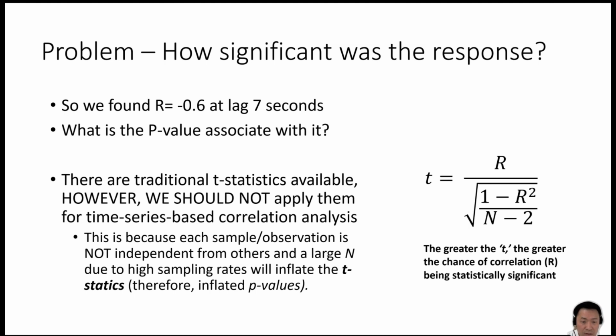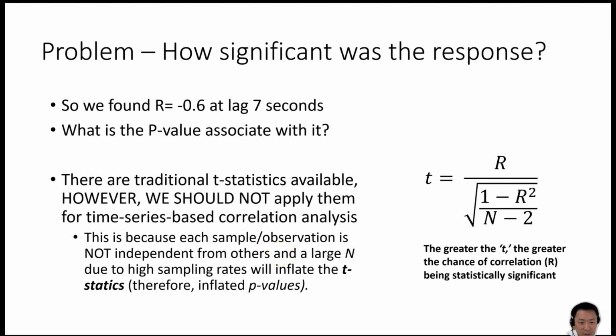However, that's not going to be the right p-value for us because we are dealing with time series signals. And usually in time series, each point is not independent. They're dependent on each other. And sometimes you can have a very high sampling rate. What I mean is that, for example, given a sinusoidal signal, you can express that with 100 Hertz, 1000 Hertz, or gigahertz for the same pattern.